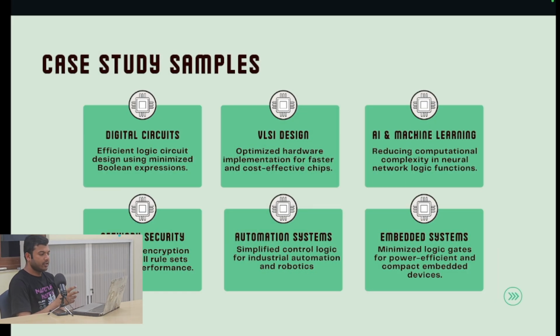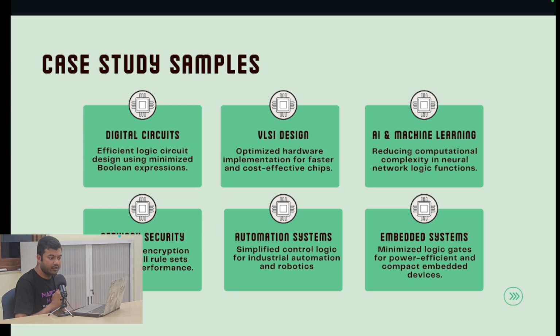In the field, there are lots of areas to implement Espresso, like digital circuit, VLSI design, AI machine learning, network security, automation system, and embedded system. In digital circuit, we are minimizing the Boolean algebra. In VLSI design, we optimize the hardware implementation for fast and cost-effective chips.